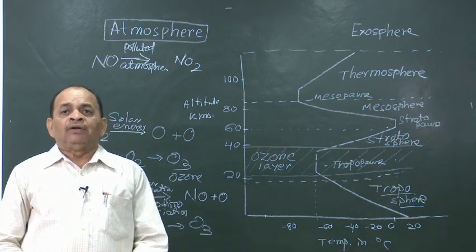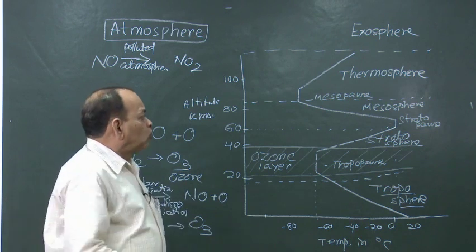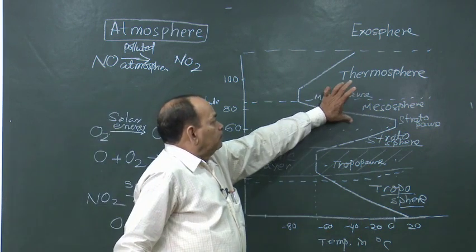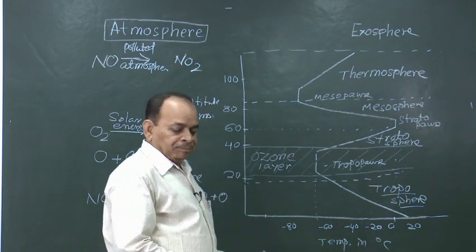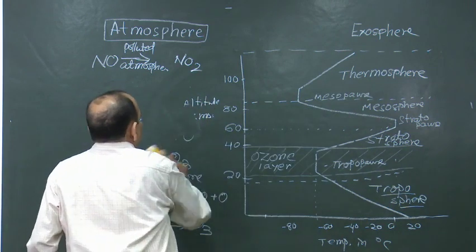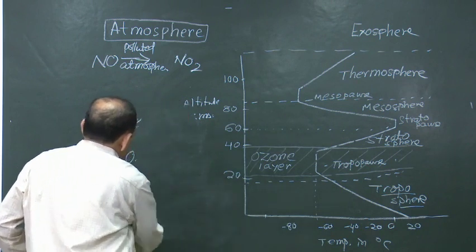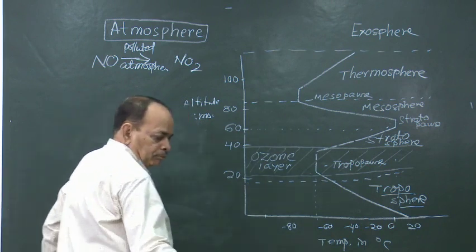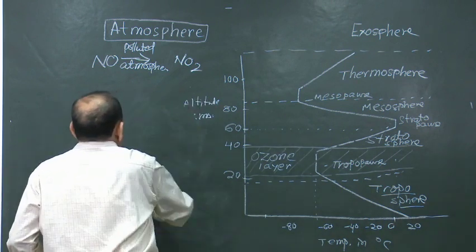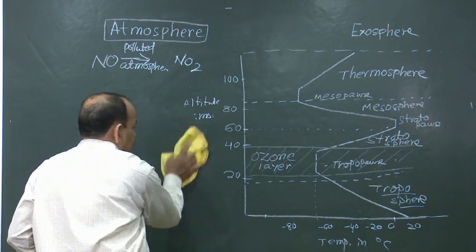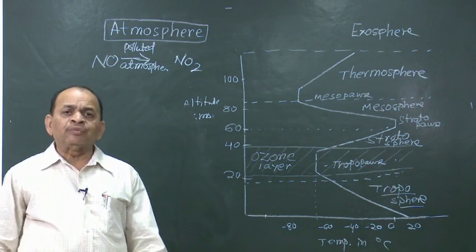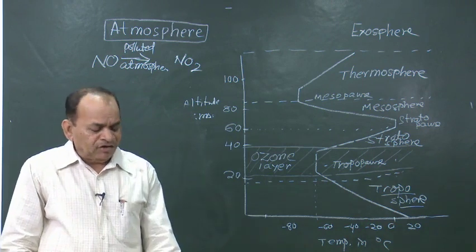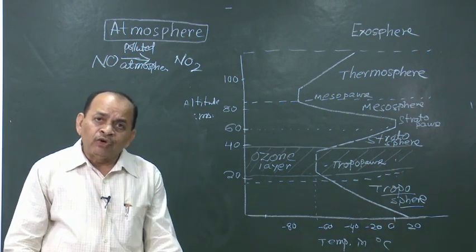Then the next layer is mesosphere. So, this layer is mesosphere. Above the stratosphere, the temperature again begins to fall.